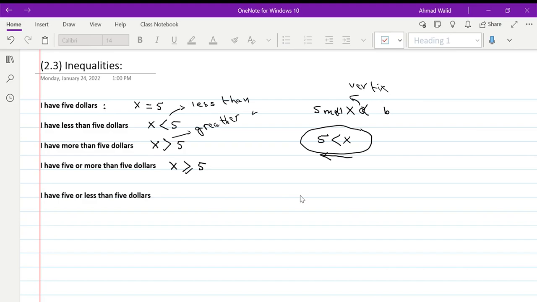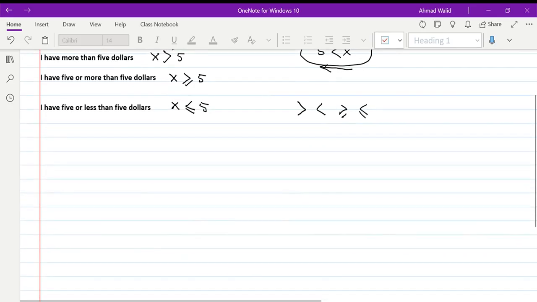I have 5 or less than $5, then X less than or equal to 5. In general, what are the signs? You have greater than, less than, greater than or equal to, less than or equal to. We call these signs inequalities. Correct? Now, how to show them on a number line?